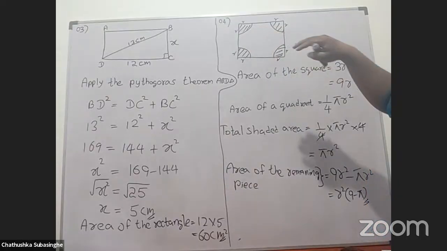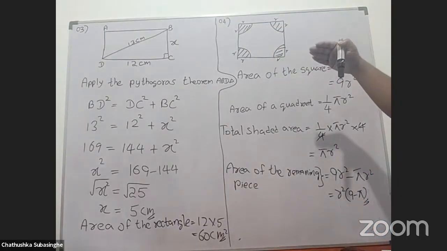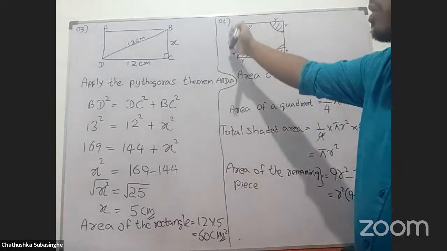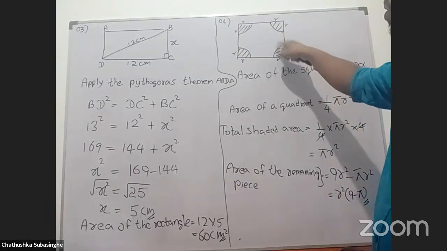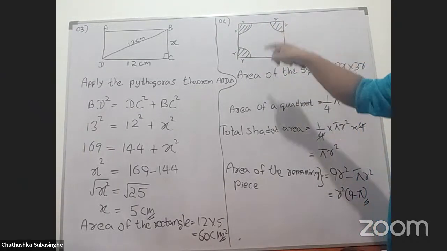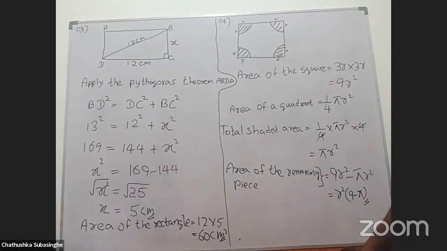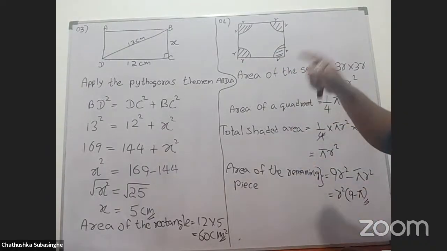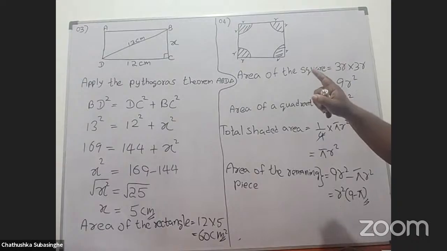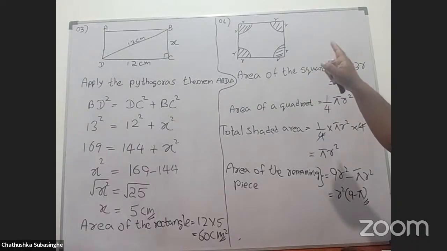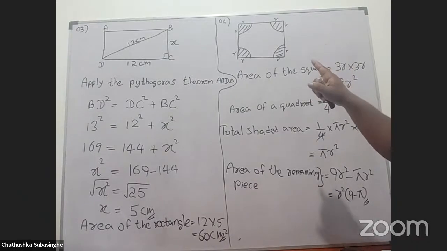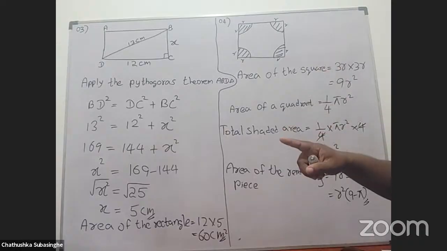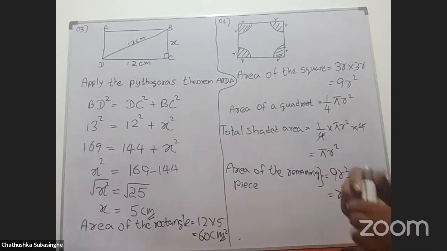So first we have to find the total area, before they remove these four corners. In the question itself, it's given that the side length of the square is 3r, in a square sheet of side 3r.